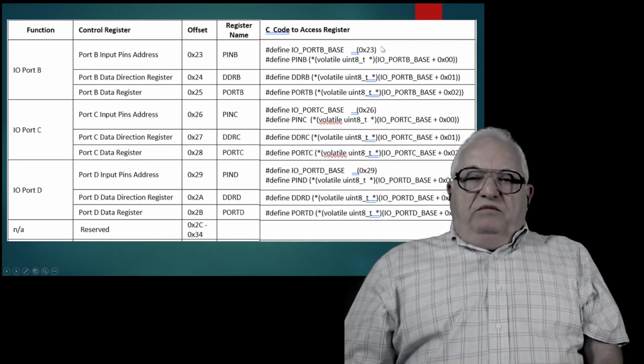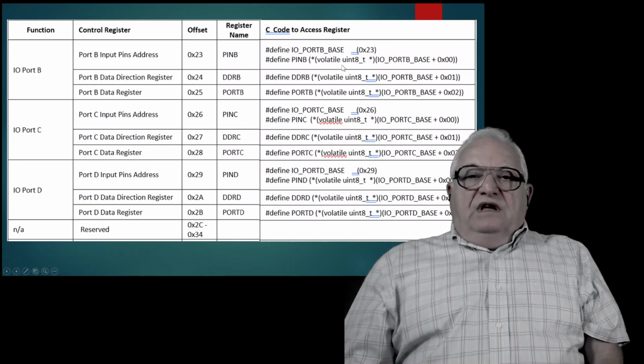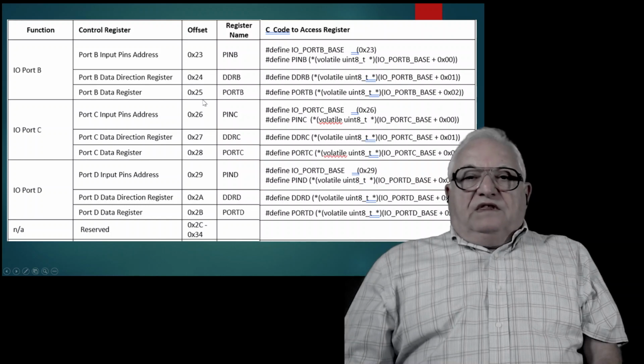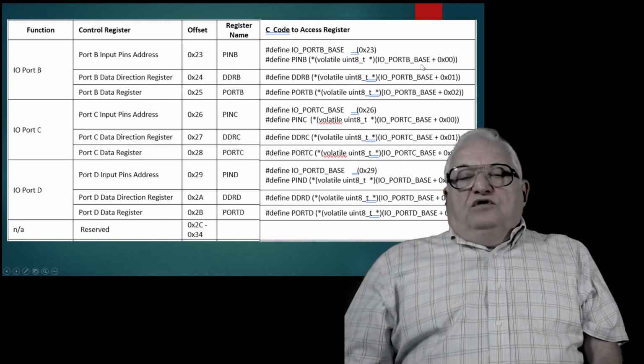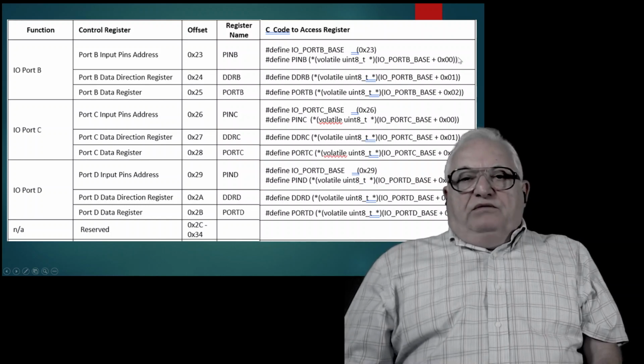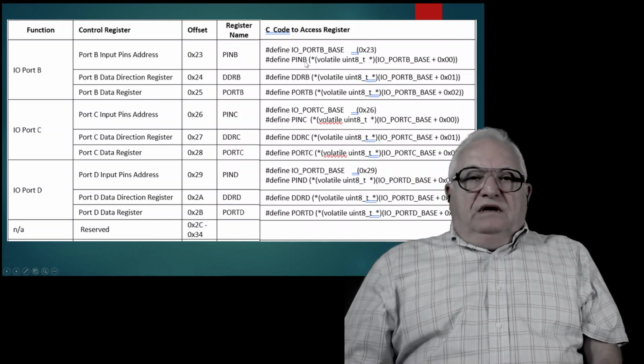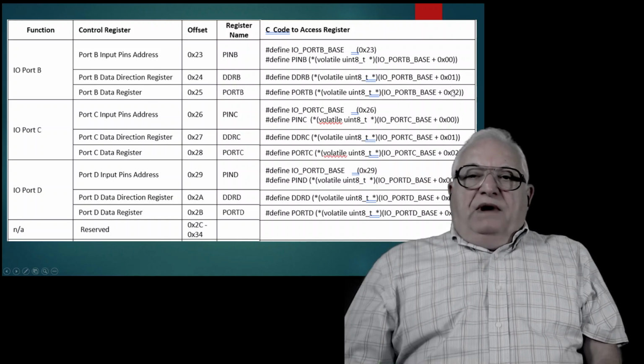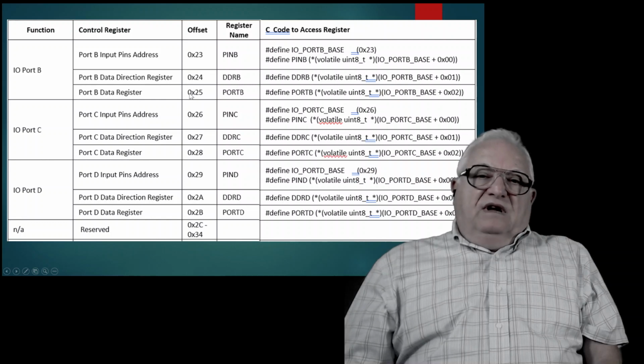I have the initial memory here, 023, and then I notice that the next variables are going to be 24, 25 in consecutive order. So IO port base plus 0 would be PINB. Then the next is DDRB, and this is going to be IO port base plus 1, which is memory 24, and plus 2 is memory 25.